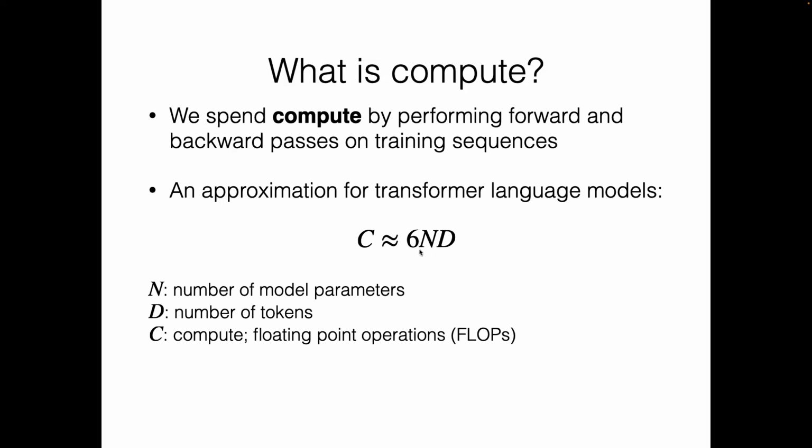So anyways, maybe the interesting thing here is you have this compute, and you can see that it just depends on two things: how large your model is, and how many tokens you're pre-training on.